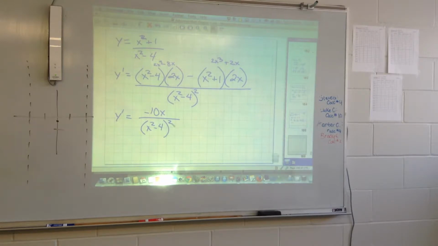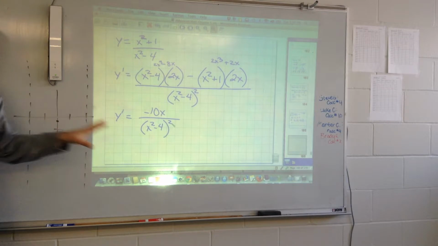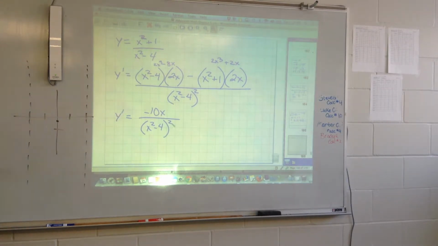All right, so to find our critical points, we need to ask ourselves, when is the first derivative equal to 0 or undefined? I think we can start to see this. When would this first derivative equal 0?